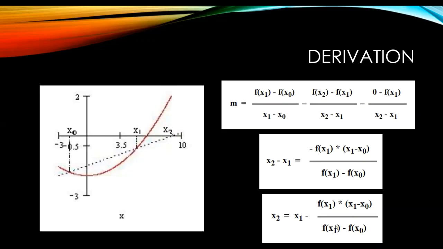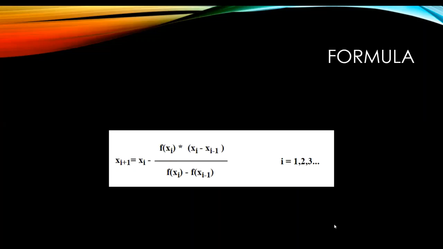To generalize the formula, this will be our equation: x sub i plus 1 equals x sub i minus the function of x sub i times x sub i minus x sub i minus 1, all over the function of x sub i minus the function of x sub i minus 1. So x sub i minus 1 is the first value that you've declared. x sub i is the second value.